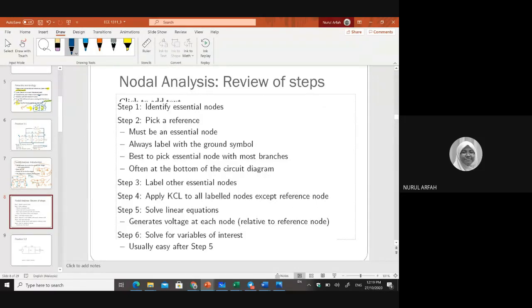So what is nodal analysis? There are some steps. First, you identify essential nodes. That's why this is very important. The terminology we learned so far, you need to know what essential nodes are. Anyone?